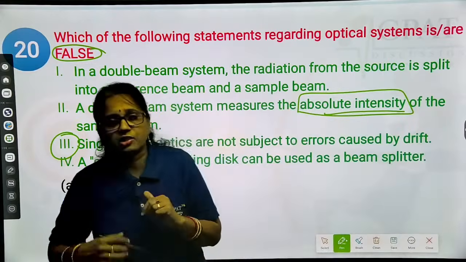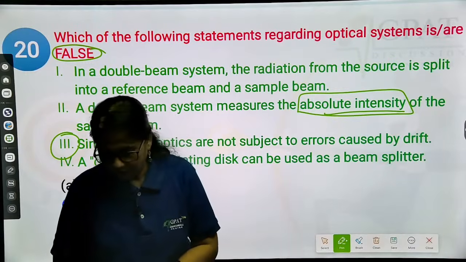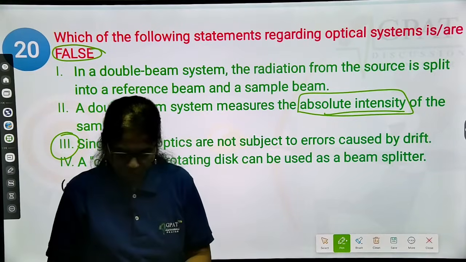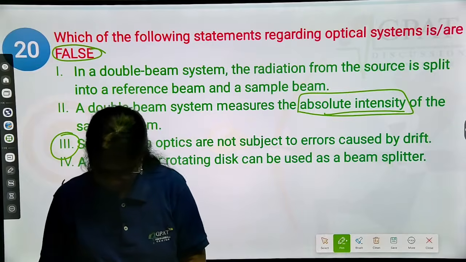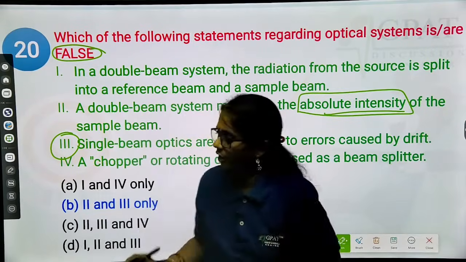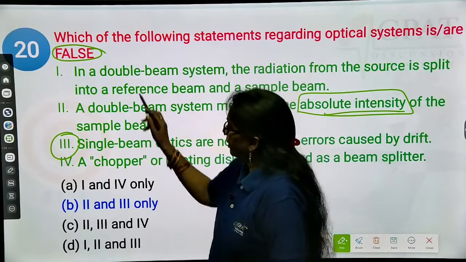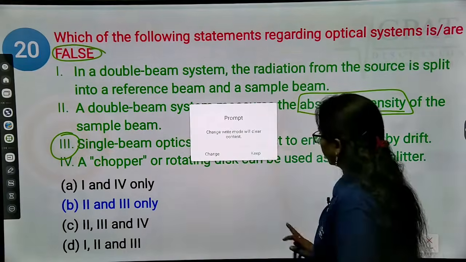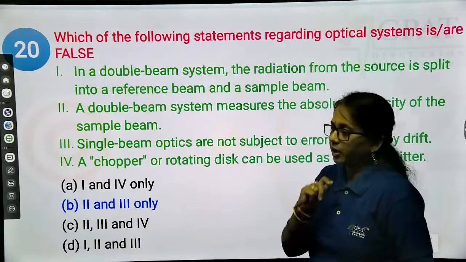Actually, again, as the reference itself it is giving the absolute intensity. So only the third statement is wrong here, remaining 3 are right. Okay. So in these options they have not given that, so everyone will get the mark definitely.